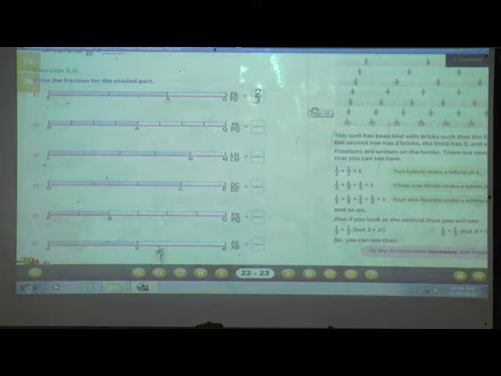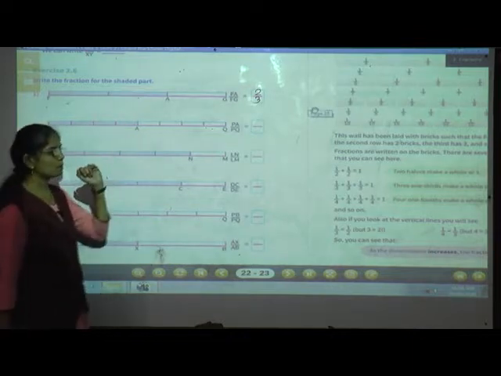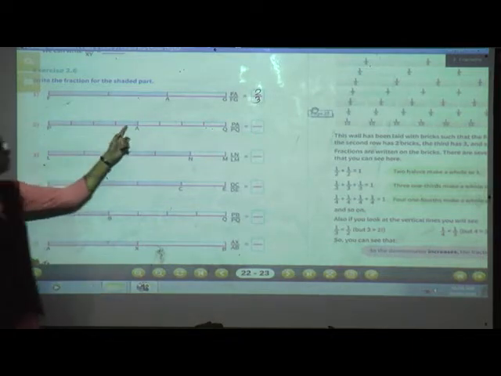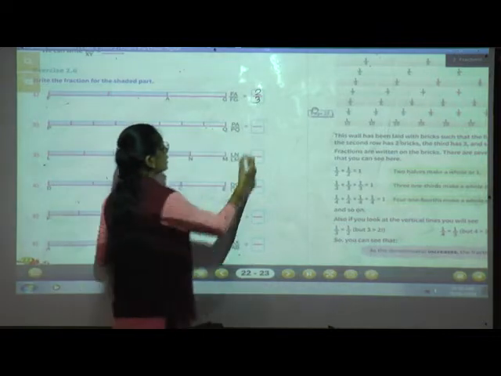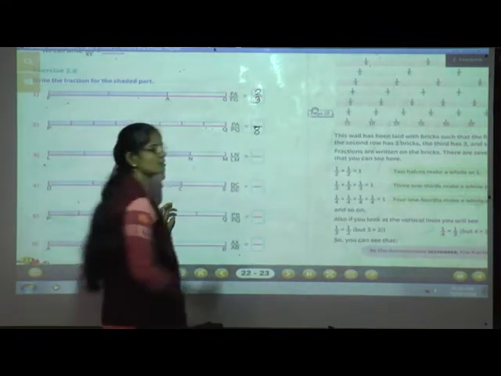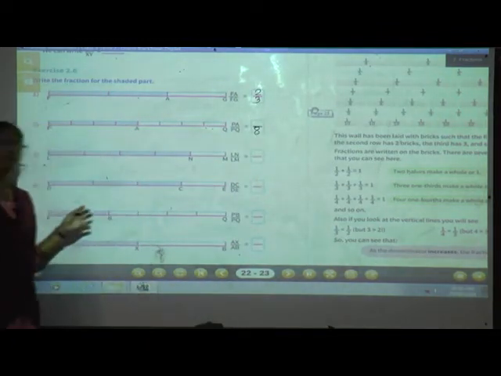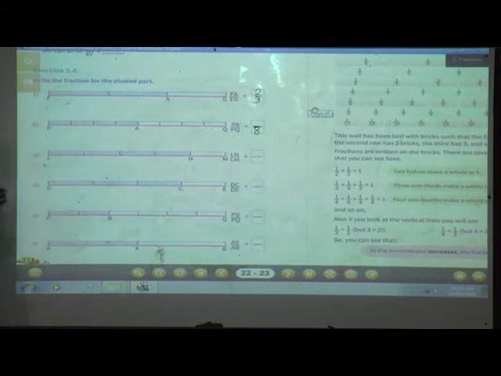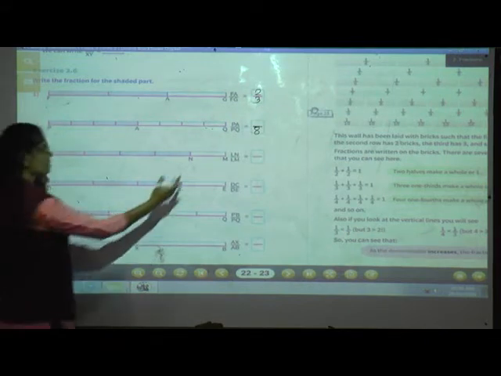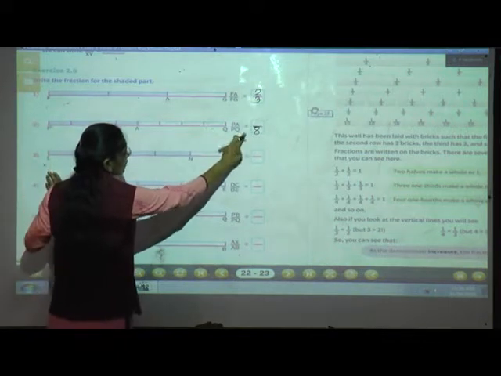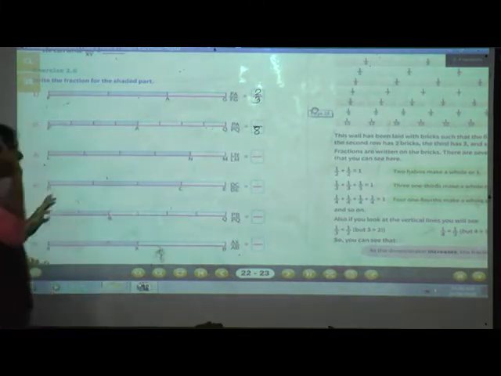Okay, next we'll move to the second example. Count, this whole is divided into how many parts? 1, 2, 3, 4, 5, 6, 7, 8, into 8 equal parts. So what is the length of PQ? PQ is equal to 8 parts.